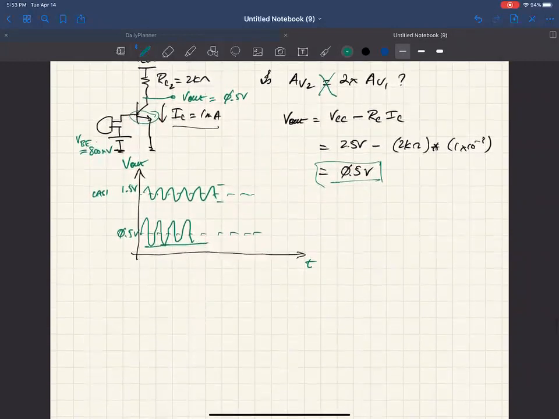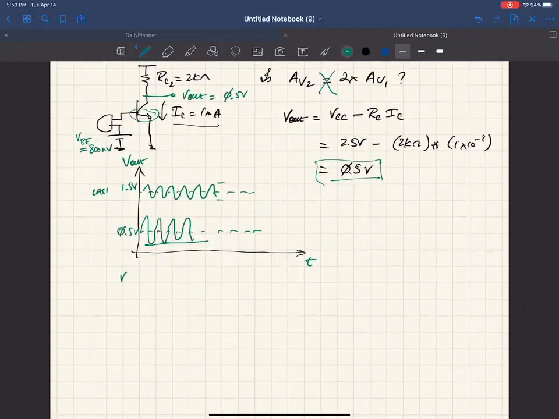So the problem we have is the so-called voltage headroom, which is how big your supply is. VCC is 2.5 volts. If VCC in this particular case was, say, 5 volts, we'd be okay.